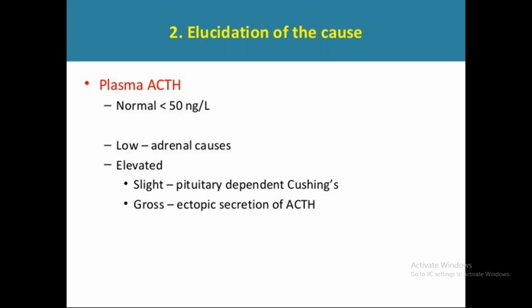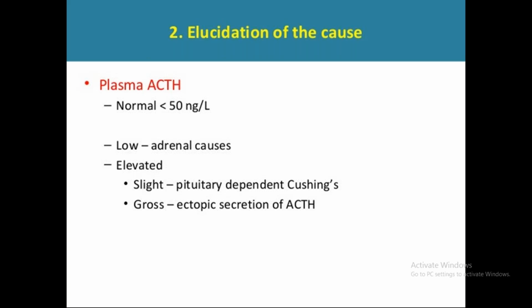In a phase-wise manner, we have to rule out the cause. First is the estimation of cortisol in serum and plasma. Second is the suppression of the release of corticotropic hormones using dexamethasone as a suppressor.